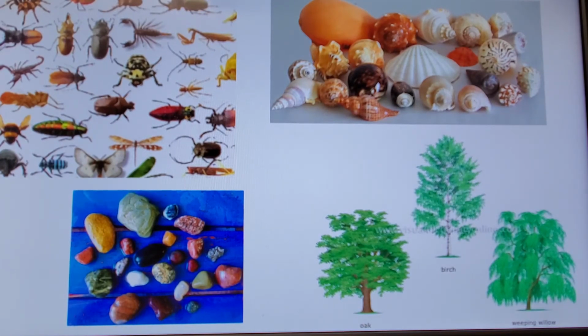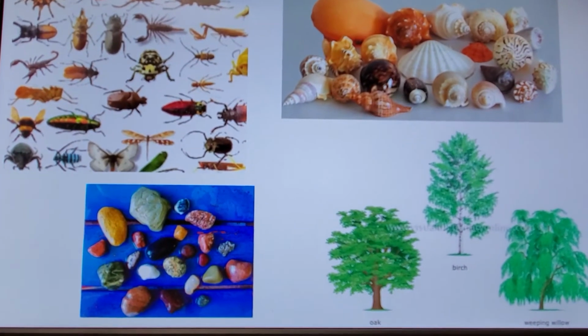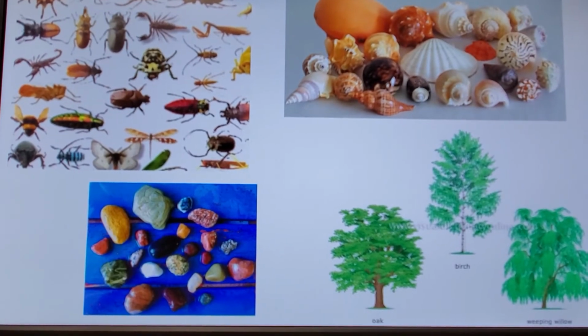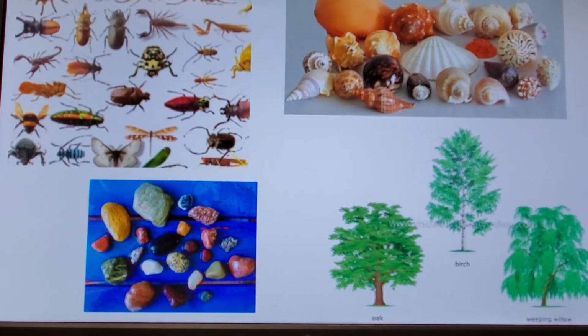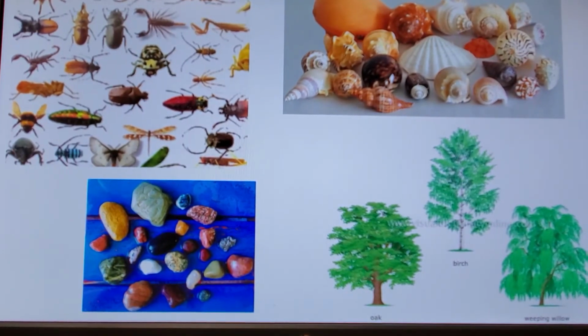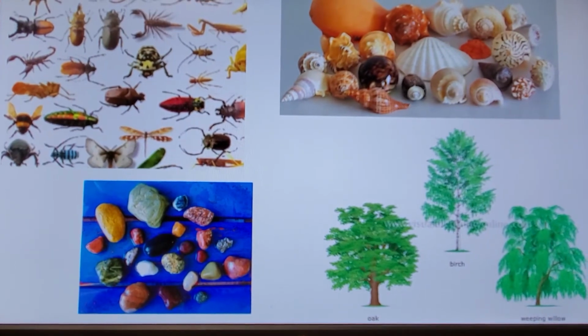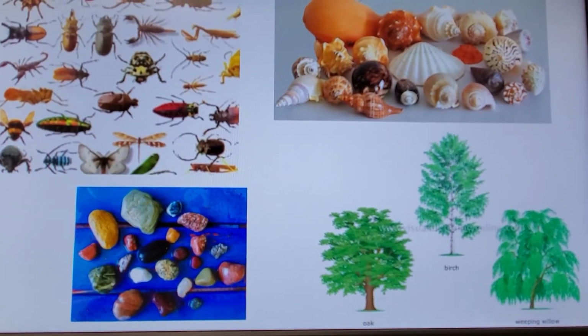For insects, shells, rocks, trees, pretty much any kind of organism on Earth, or was an organism at some point, or even things that were never living like these rocks. We can use the dichotomous key to figure out what kind of rock or what kind of tree that may be.